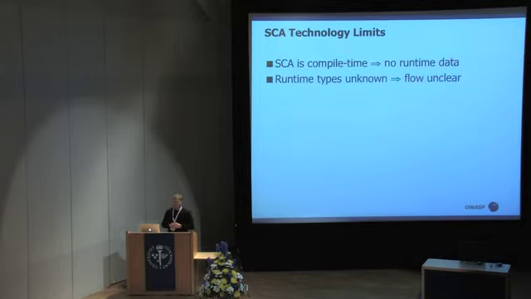Any runtime types are unknown. So as soon as you're dealing with reflection, which I'm going to talk about in a second here, or where anything is instantiated on the fly, or you're getting it from an external service, there's a big question mark. So this is something that also needs to be taken into consideration. You need to make an estimate whenever that happens.